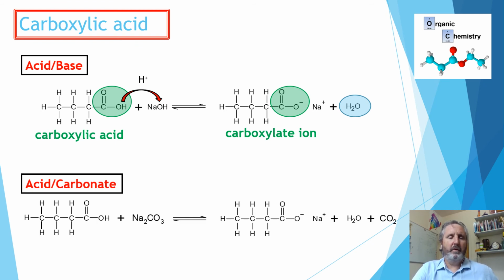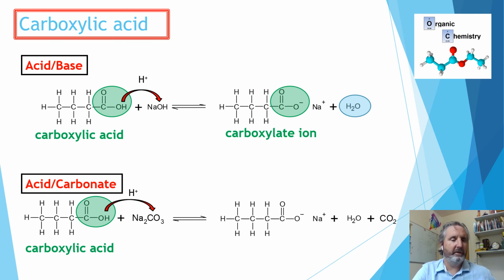We can also add specifically a carbonate, which is a base in itself. In this reaction, sodium carbonate, or more commonly sodium hydrogen carbonate, is added to the carboxylic acid, and what we produce is the carboxylate ion or the butanoate ion here, the sodium ion, water plus carbon dioxide gas.